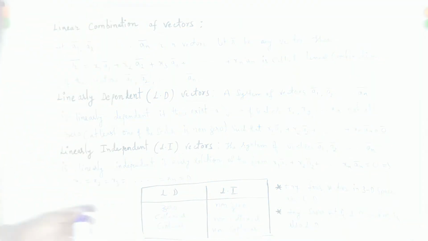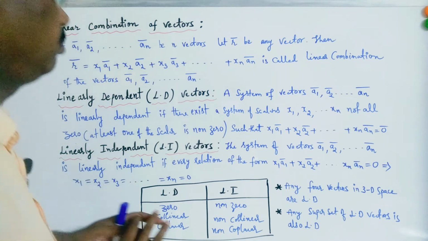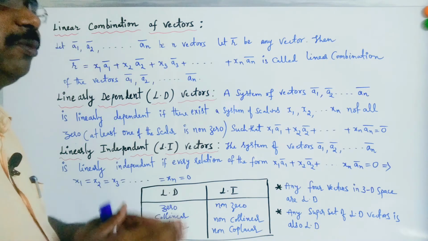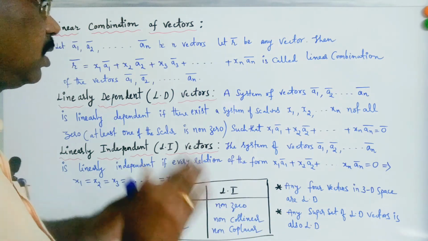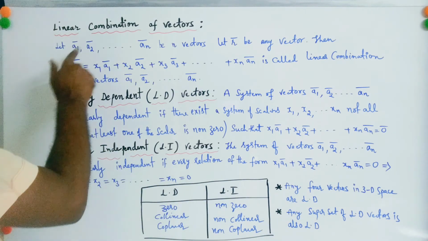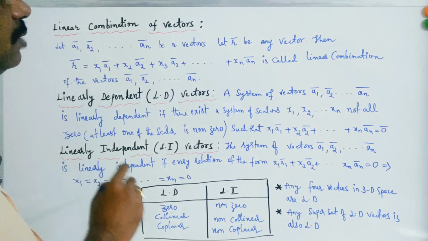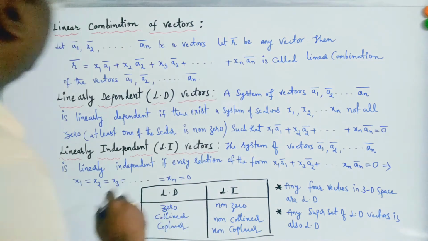Next one, linear combination of vectors. Linear combination means one vector multiplied with a scalar; that combination is called a linear combination. Here A1, A2 up to An be n vectors. Let R bar be any vector.